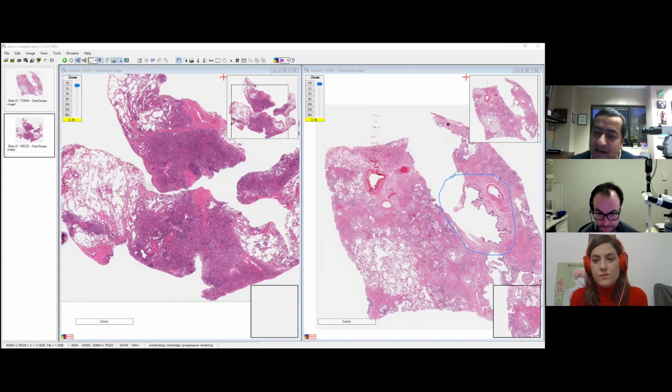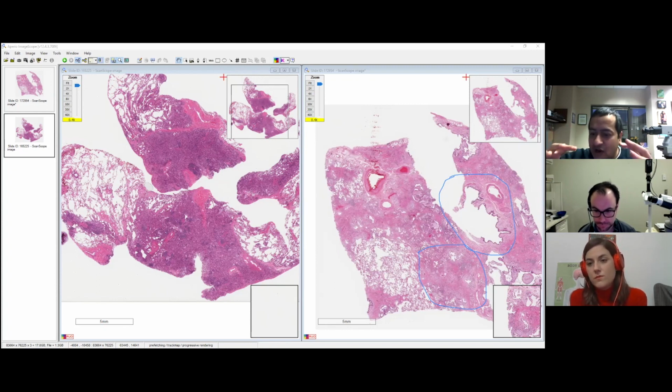What I'm circling here is a traction bronchiectasis. So a bronchus that's pulled apart, just a normal bronchus with a partner artery, which is pulled apart by fibrosis in this case. And of course, even at low mag, you can see there's a ton of fibrosis here. In fact, the fibrosis I'm circling now is distorting lung architecture. So that's a scar. Architectural distortion or scarring, that area is called.